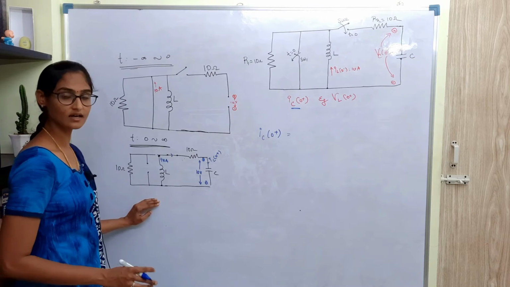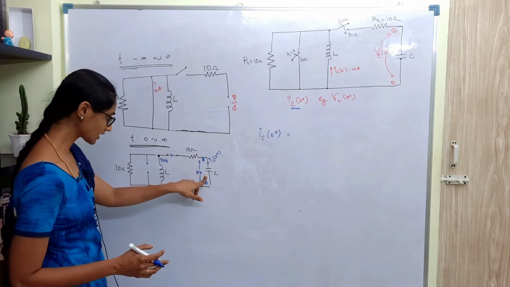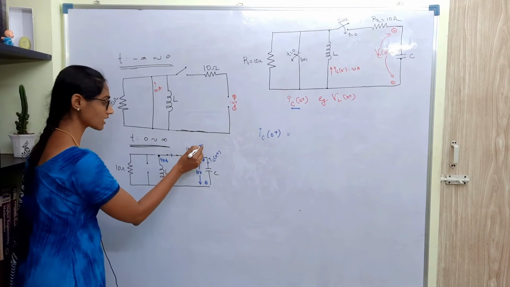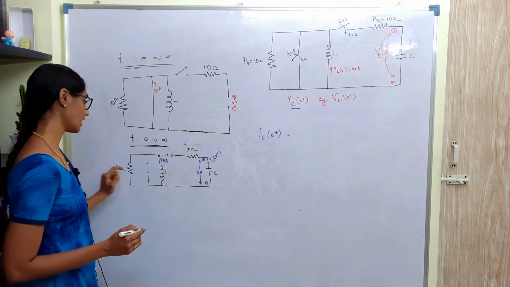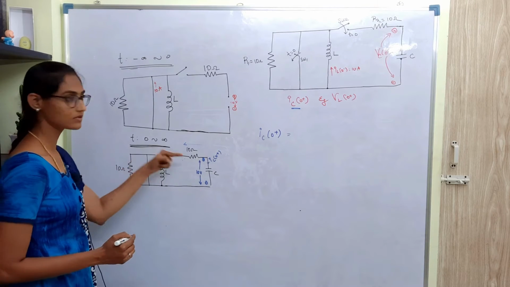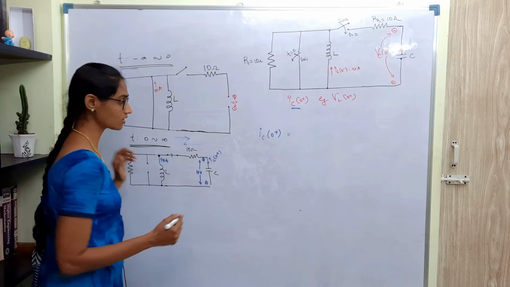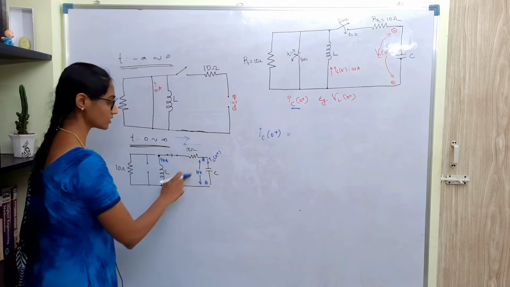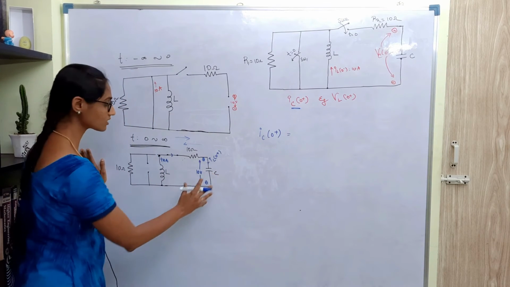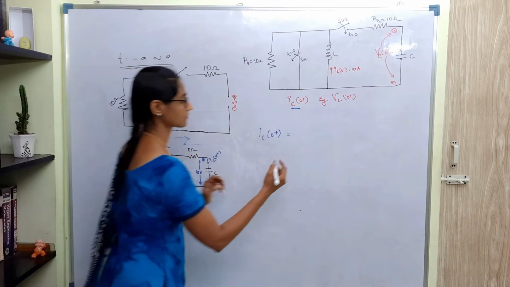When you consider the current at 0 plus, you can observe that this capacitor will be sending a current in this direction, and the direction of the current supplied by the inductor will come in the opposite direction. So both of them are in opposite directions. By superposition theorem, this current will be the sum of the currents contributed by the 10 volt source and the 10 ampere source.